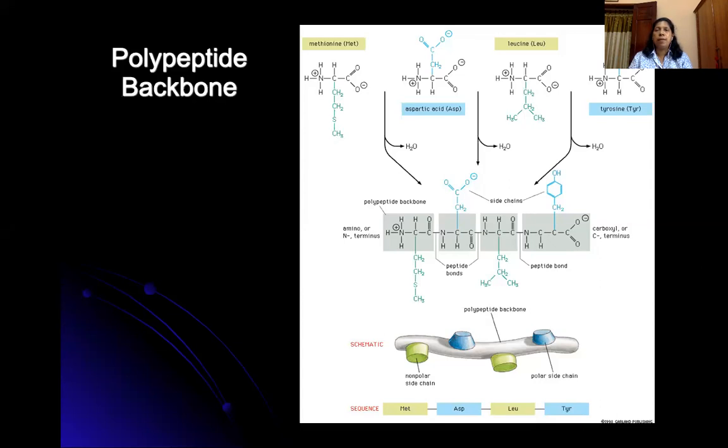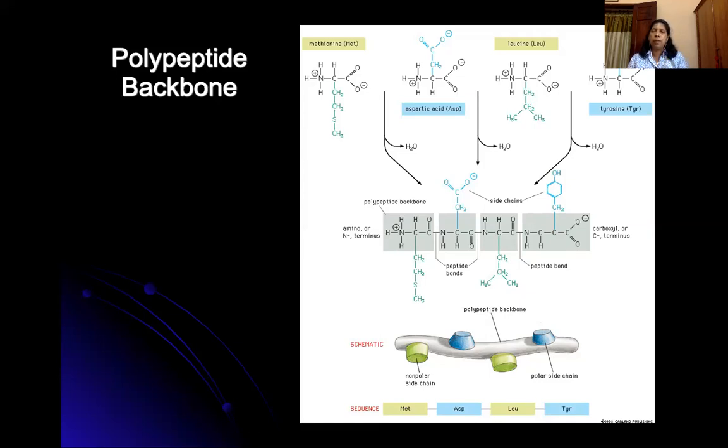Likewise, different amino acids can get together and make this complex structure. The important thing is that the side chain decides the action of the amino acid. In the picture, one is a non-polar side chain and the blue one is the polar side chain. Therefore, amino acids with non-polar and polar side chains can get together.